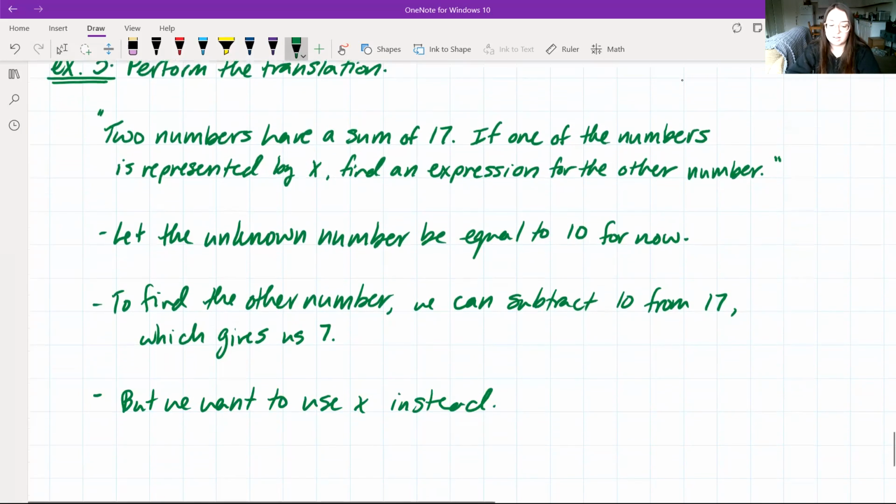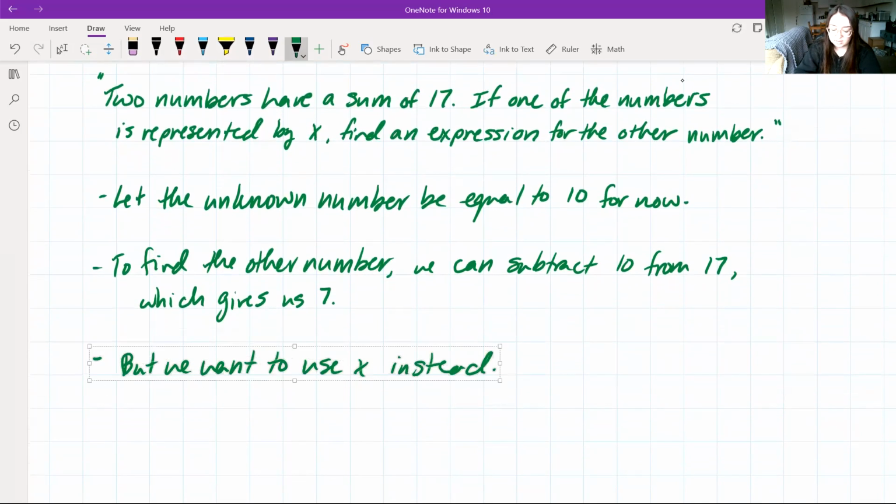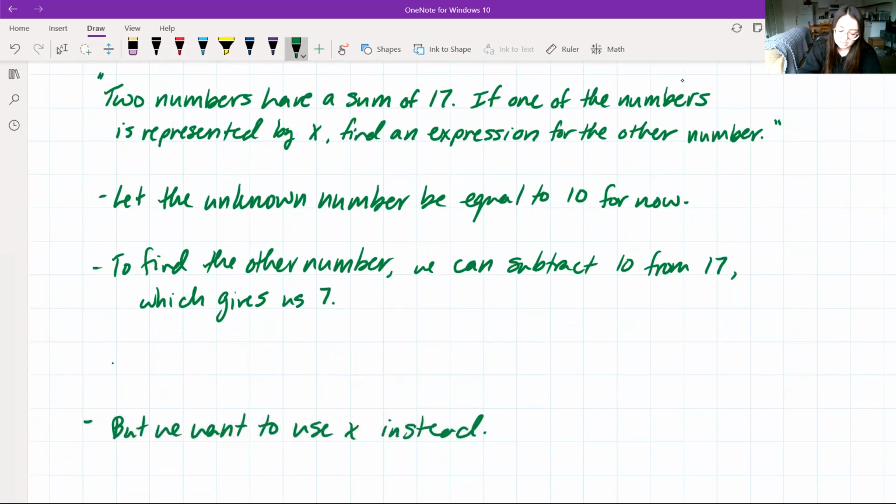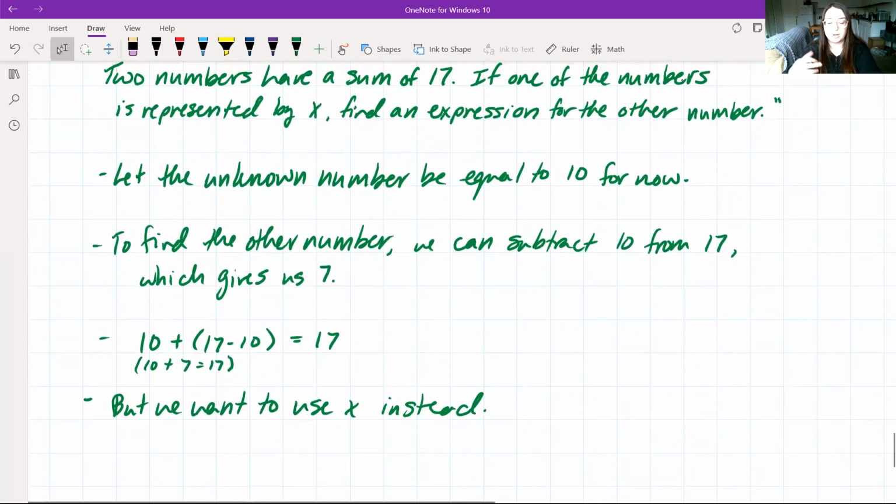If we were to just stick with the value of 10, we know that this equation is going to end up giving us 10 plus 17 minus 10, because we know that value is 7, so 10 plus 7 is equal to 17. But we want to use x. So all we're going to do is replace 10 with x. So we're going backwards from the way that we've normally done it.